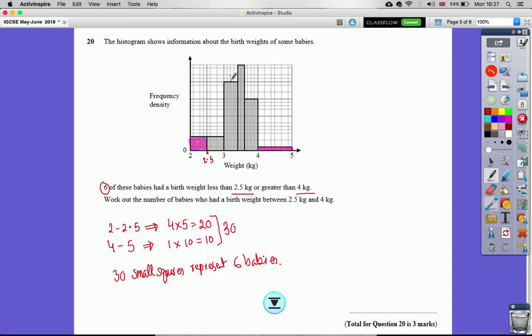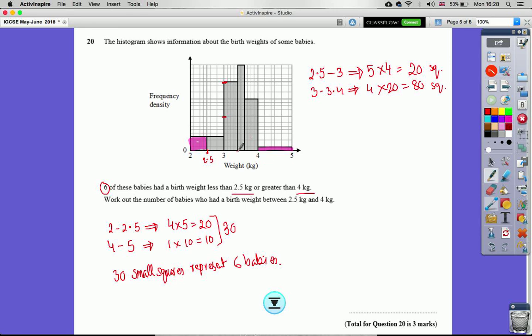Now let's find out how many small squares are between 2.5 and 3. Between 2.5 and 3, you have got again 5 times 4, 20 small squares. Between 3 and 3.4, you have got 4 times, let's see, up to here is 10, 20, so 80 squares.